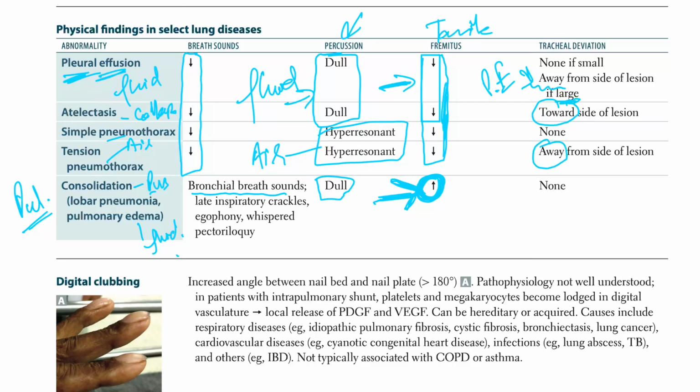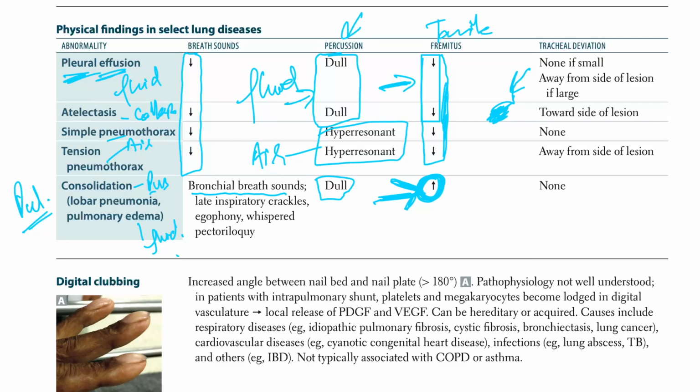So how can we remember this? The simple way to think about it is this. Atelectasis is the collapse, right? Let's say the left lung gets collapsed. The trachea is deviated towards that lesion because the force is towards that side. It has collapsed.